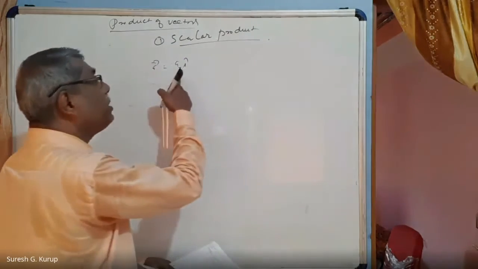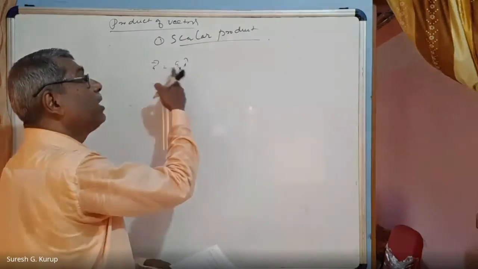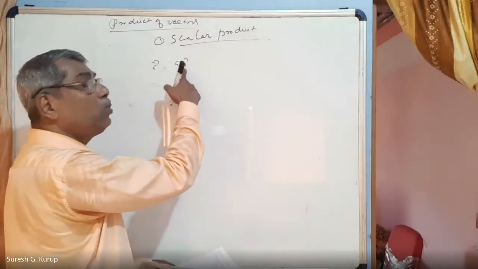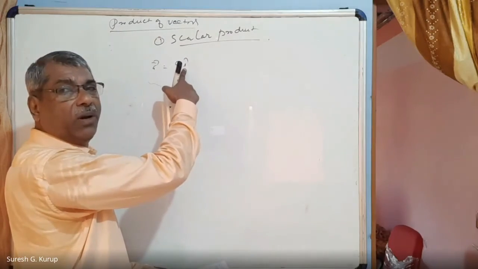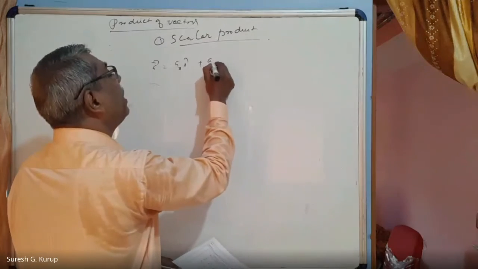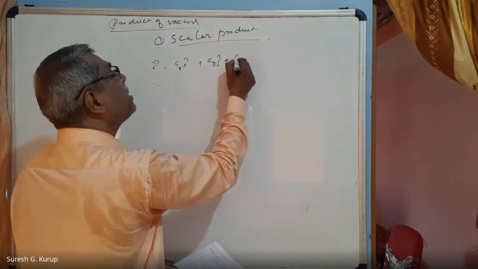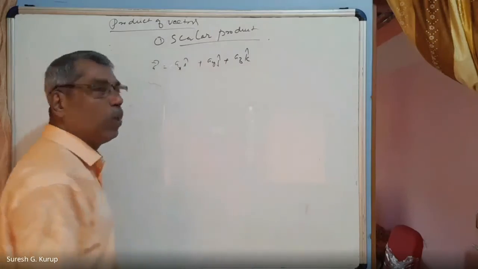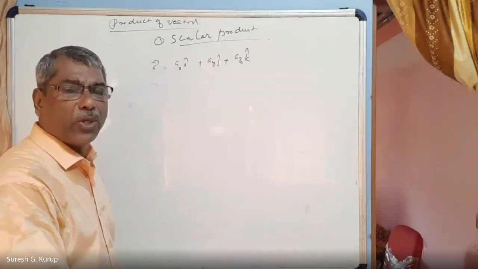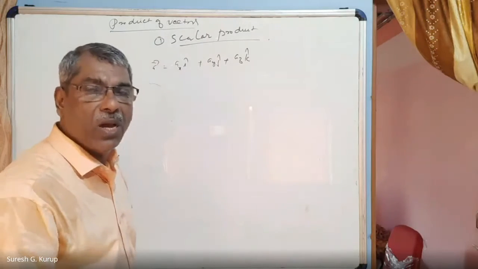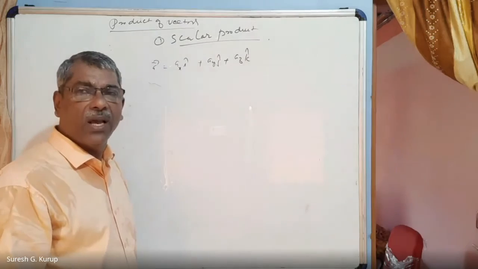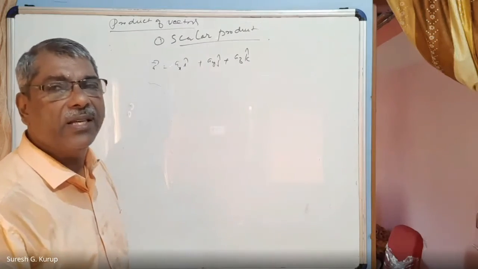So Ax means the magnitude of the x component of vector A into the unit vector in the direction of x, that is i cap, plus Ay j plus Az k. This is one vector, right? So this is a three-dimensional vector. Any three-dimensional vector must have three components. One component along the x-axis, another component along the y-axis, and the third component along the z-axis.